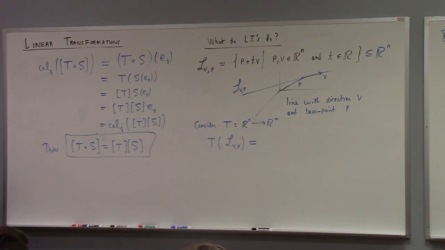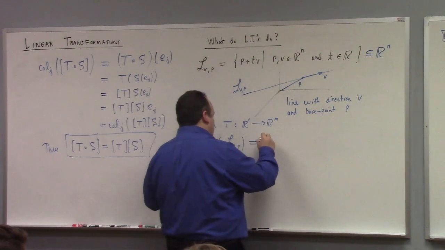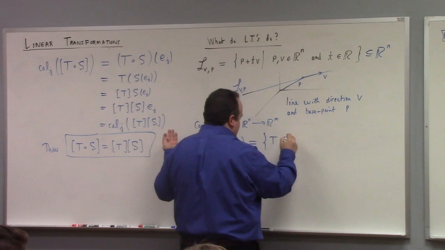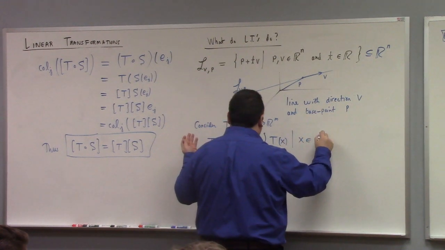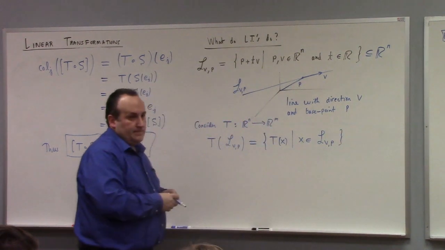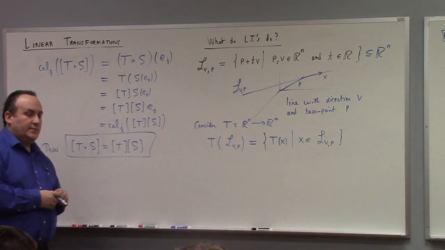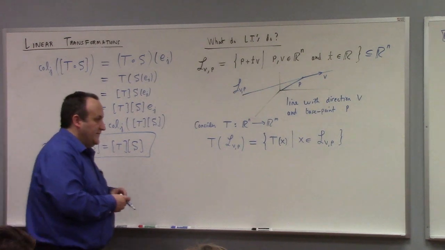What you should understand that as is a set of values. It's called the image of the line under the transformation. So specifically, what this means is simply this, T of x, such that x is an element of the line. That's all it means, right? But we can be more specific here because this line we have characterized with a base point p and a direction vector v.